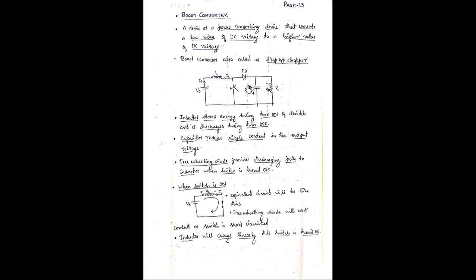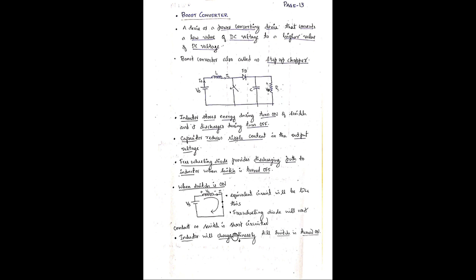So when the switch is turned on, what will happen here? When the switch is turned on, this side will be short circuited, so this diode will be reverse biased, and the equivalent circuit will be like this. Your source is there, then the inductor, and the current will circulate here, so the inductor will be charging.